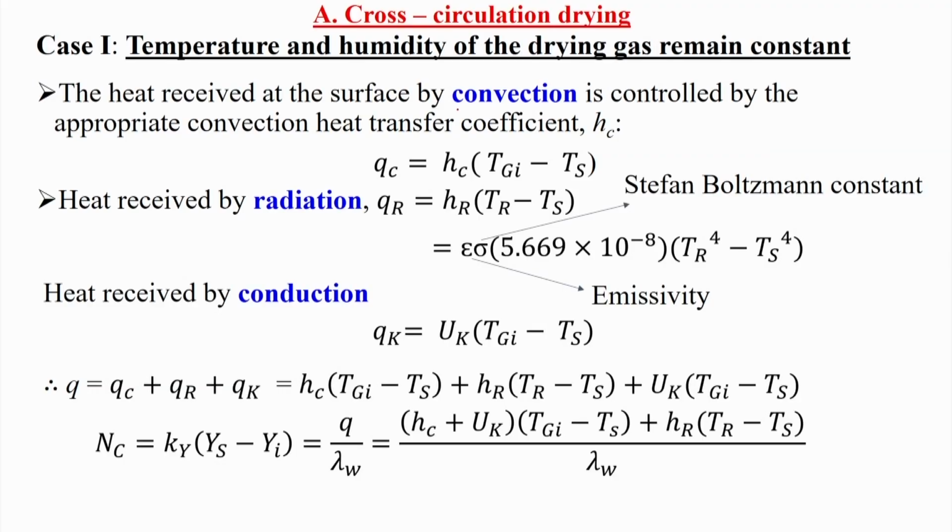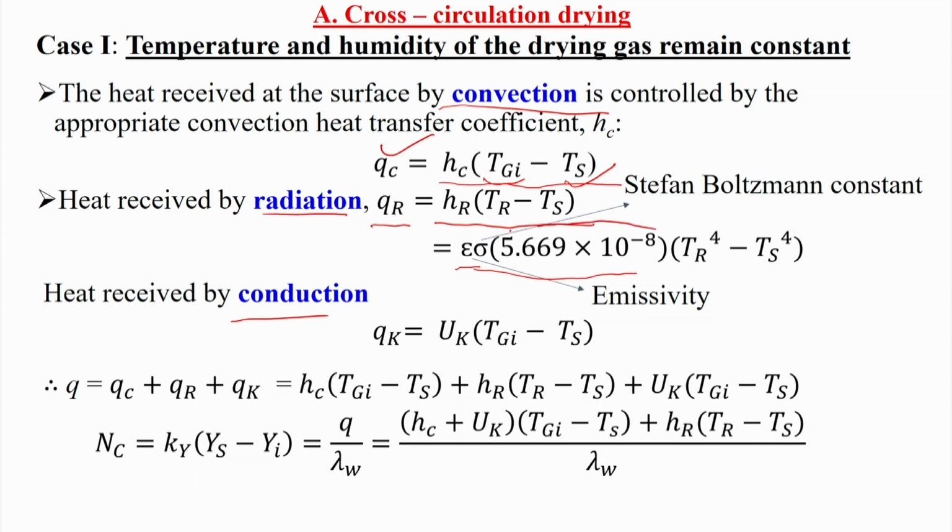For convection, radiation and conduction, we have three very well known equations. Qc will be Hc into (Tgi minus Ts), where Tgi is the temperature of the inlet gas and Ts is the temperature of the wet solid. For radiation, Qr is equal to Hr into (Tr minus Ts), which is nothing but epsilon sigma into (Tr to the power 4 minus Ts to the power 4).